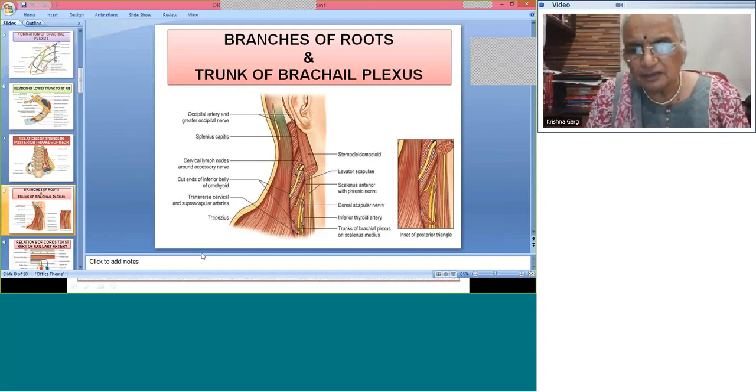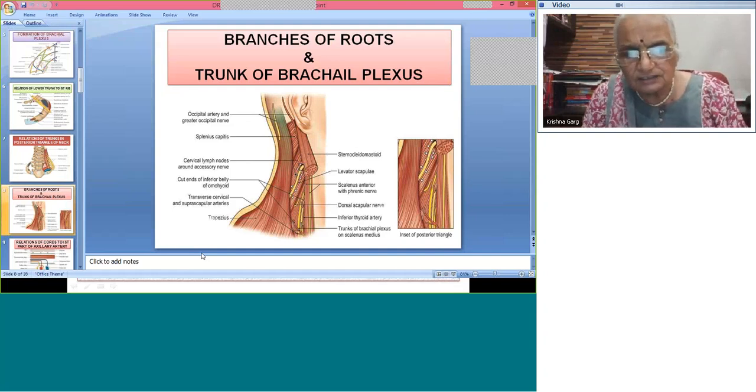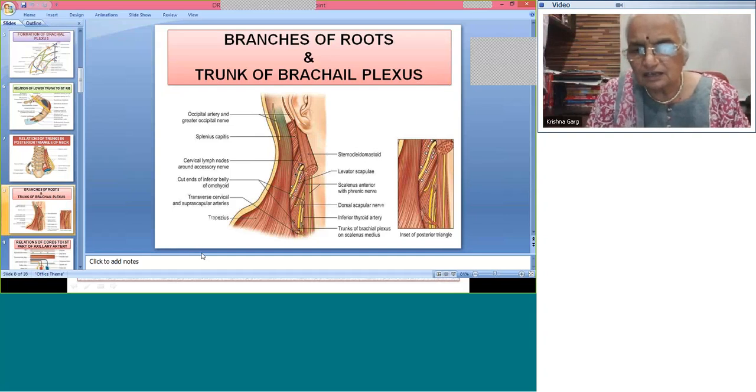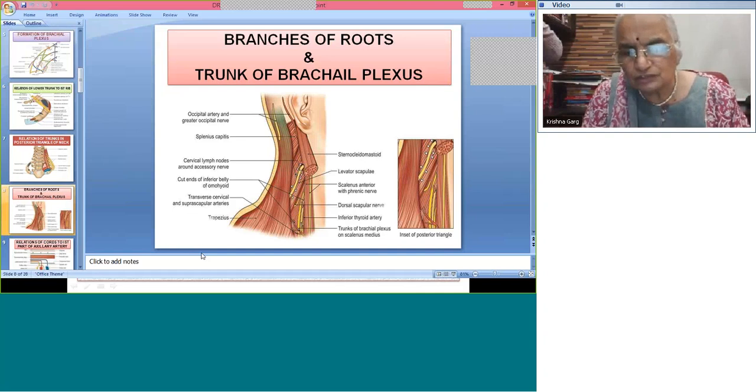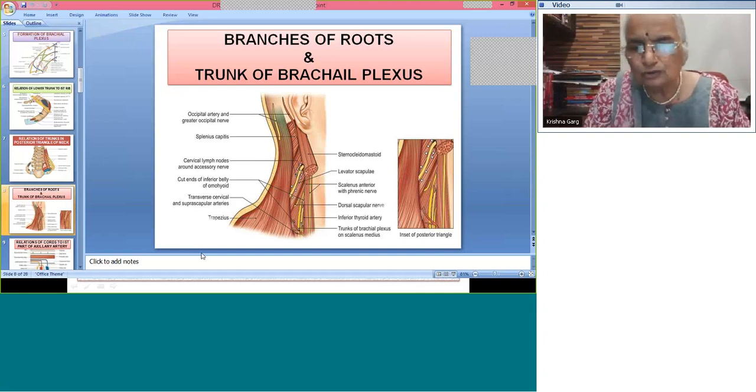This is diversifying myself, but in the lower part you can see the transverse cervical artery and the suprascapular artery. These are the arteries which are branches of the thyrocervical trunk from the first part of the subclavian artery, and the thyrocervical trunk is the one which supplies the roots and trunk divisions of the brachial plexus, and this thyrocervical trunk is a lifeline to the brachial plexus.